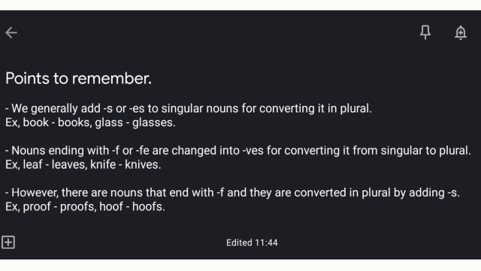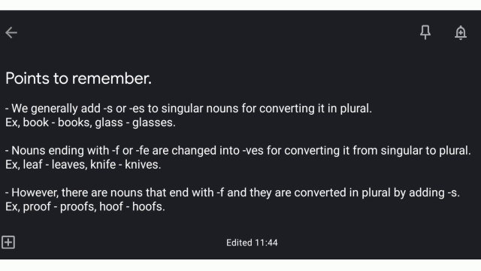If there is a singular noun, then we either add s after the word or es so that it is converted into plural. For example, book. Book is singular, and when we convert it into plural, we add s. So it becomes books. Glass. Glass is a singular noun. When we add es, it becomes glasses.